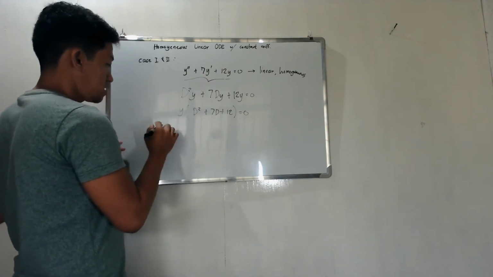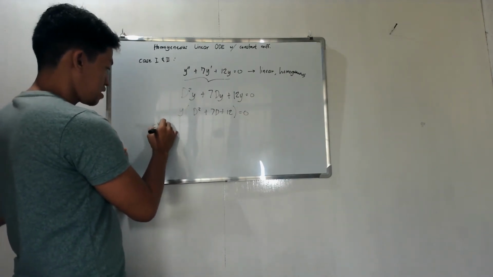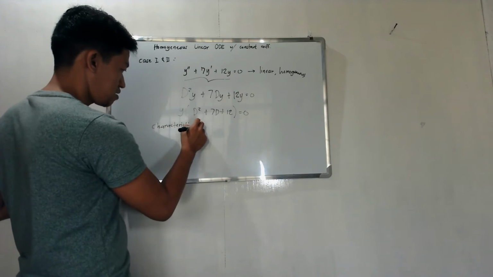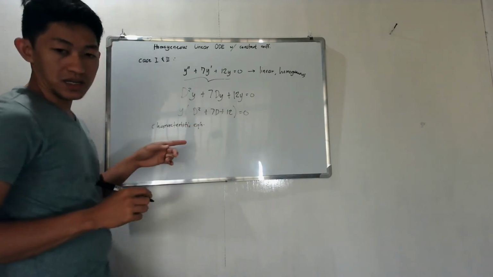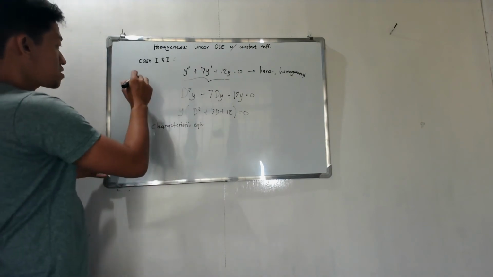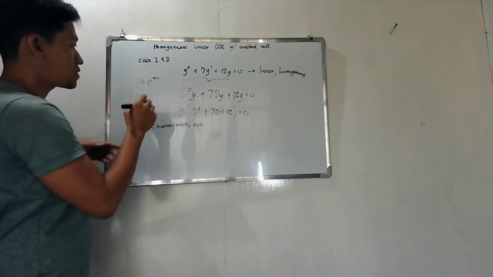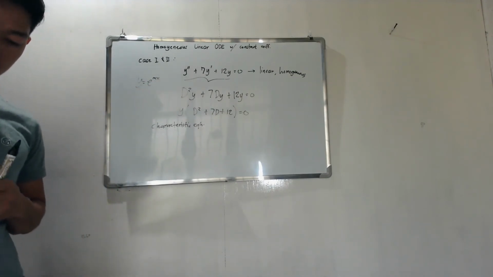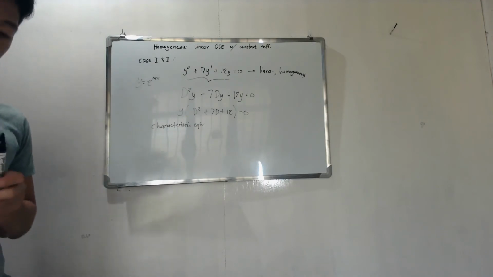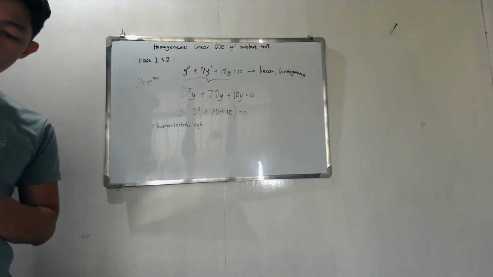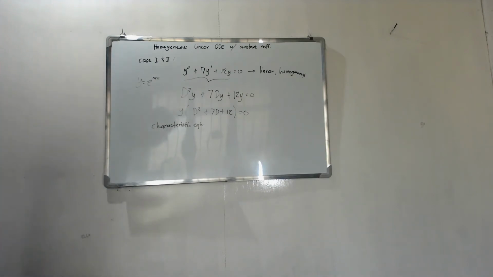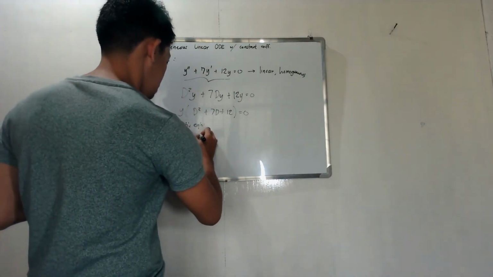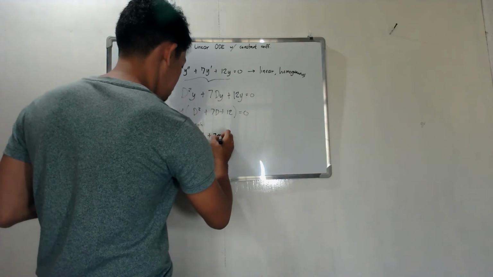So your characteristic equation, i-change natin yung variable D to m. Why? Because m yung ginamit natin dito, no? M yung ginamit natin dyan. So okay, this becomes m squared plus 7m plus 12 equals 0.